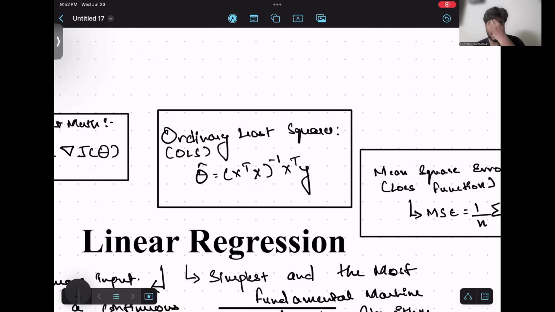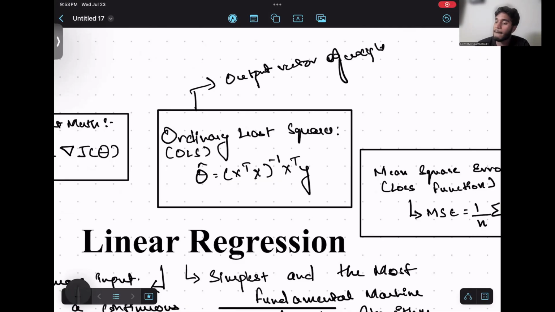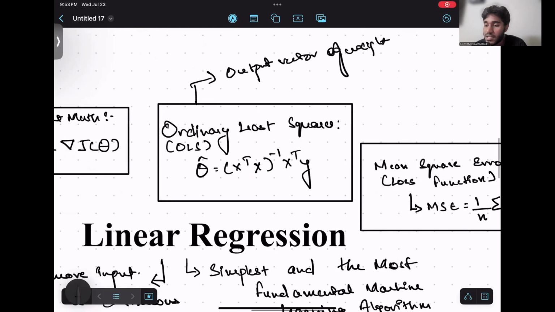Now let's look at the implementation of linear regression. One of the most fundamental methods of implementing linear regression is the ordinary least squares method. This is a direct mathematical formula which gives an output vector of desired weights from just one simple calculation, which is this.